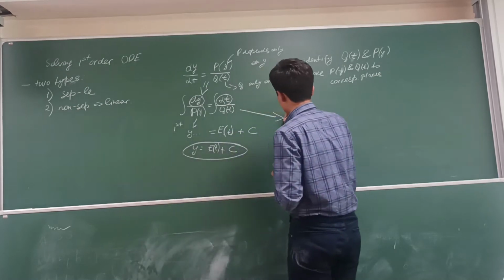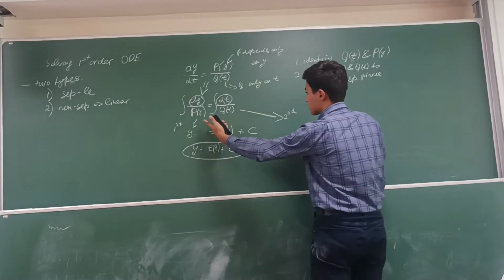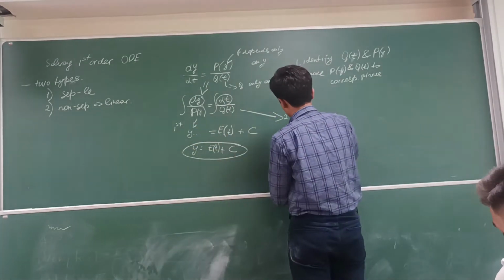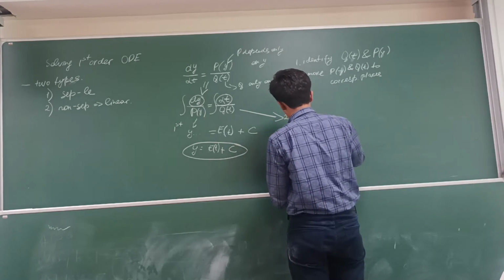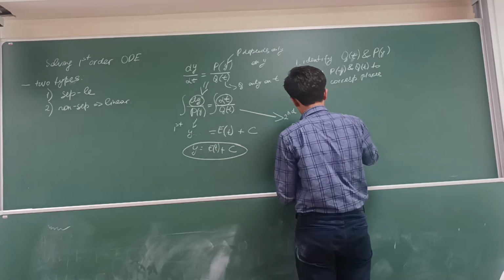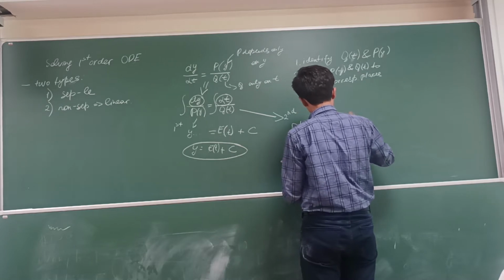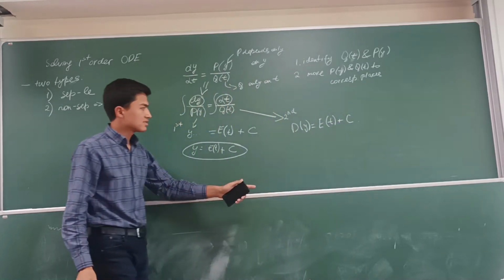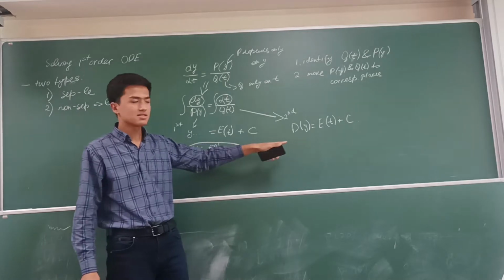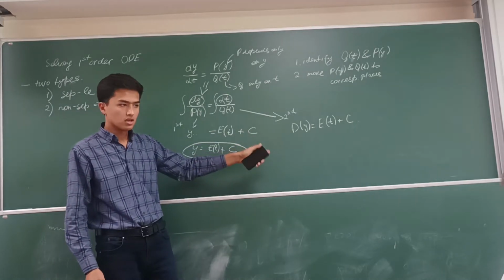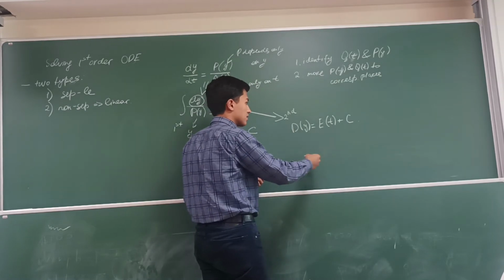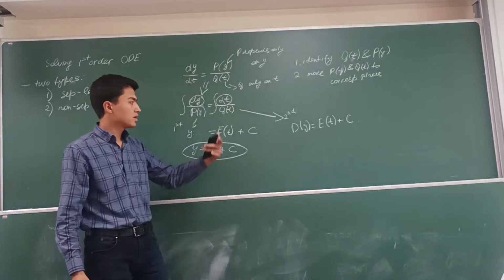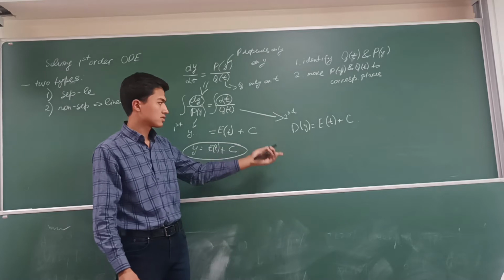So this is the first case, and this is the second case. Sometimes on the left side you can have another function that depends on y, for example e^y equals e^t plus c. In this form, this is also a solution, but it's called an implicit solution, okay? Most of the time you will be asked to find an explicit or implicit solution.